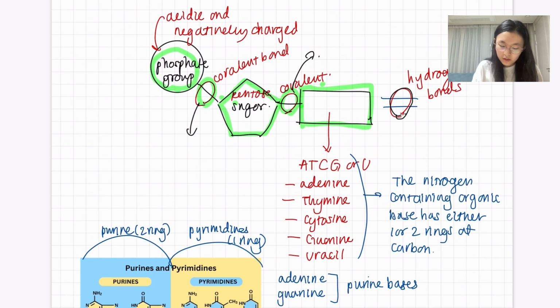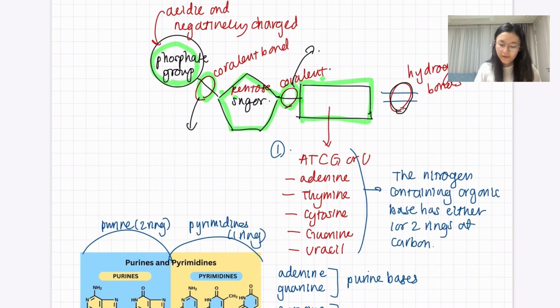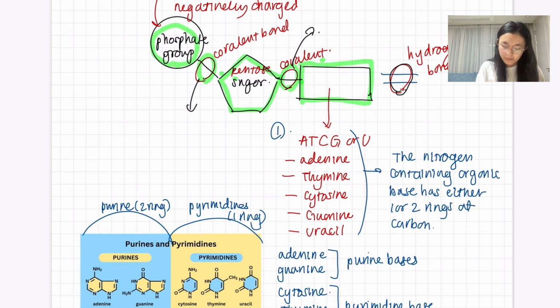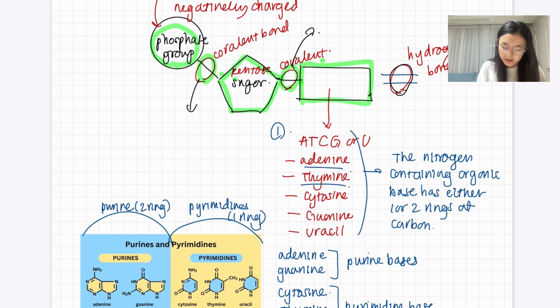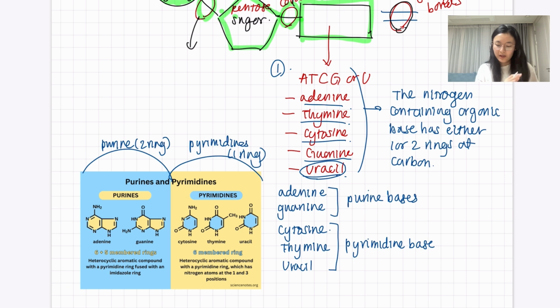We're first going to look at nitrogenous bases. We have five types of bases: adenine, thymine, cytosine, guanine, and uracil. But uracil is only used in RNA nucleotides, so you don't need to consider uracil when talking about DNA nucleotides. These nitrogen-containing organic bases have either one or two rings.